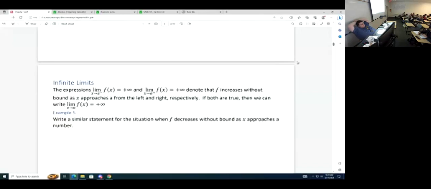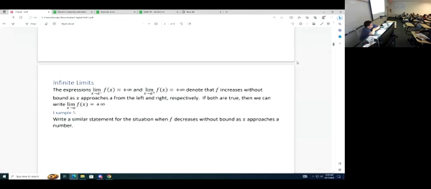So if the limit as x approaches a from the left and the limit as x approaches a from the right both equal positive infinity, we say that the limit is infinity. When it says increases without bound, it means there's no boundary to how far it can go up. There is no limit to how far it can go up.